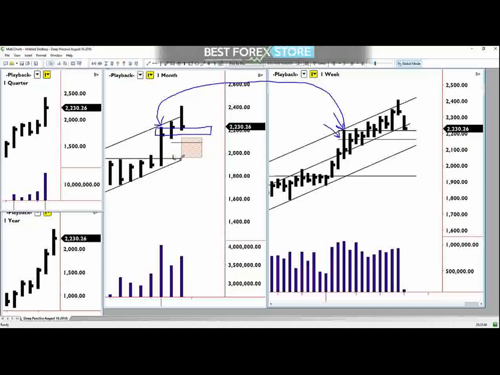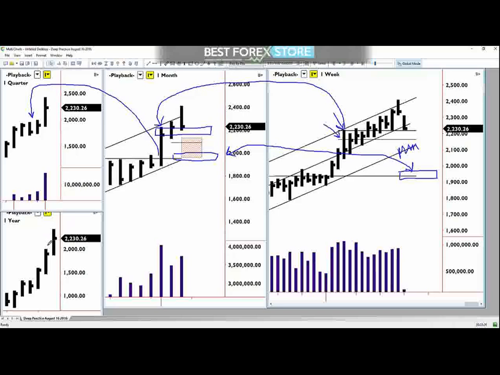Or it goes down into this area here, breaking this trend, this demand line, and coming down to this level in here, okay? Because this and this are related. And obviously, this goes over to this level here.